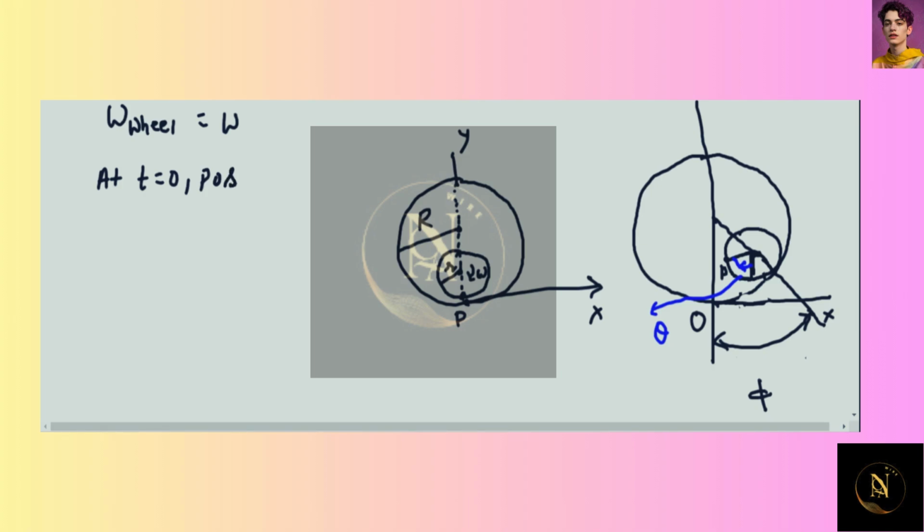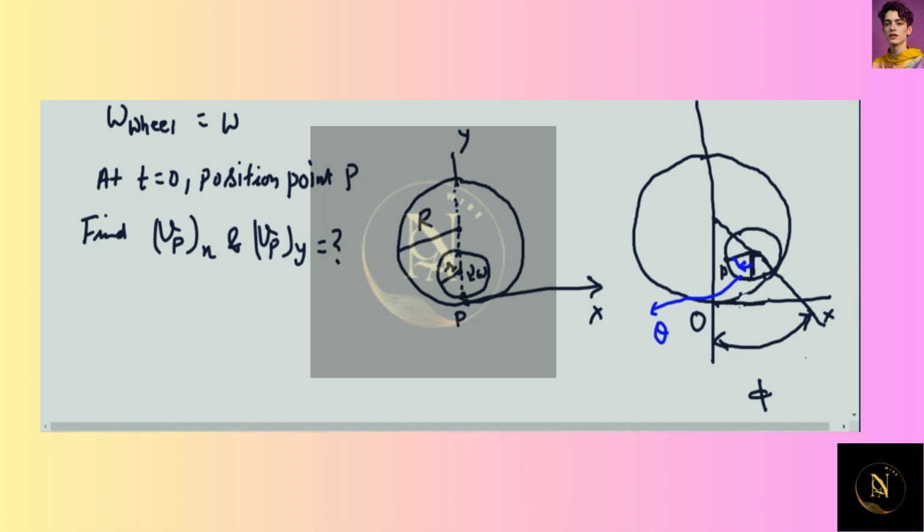Position of point P. We have to find the horizontal and vertical component of the velocity of point P. We have drawn the geometry here.